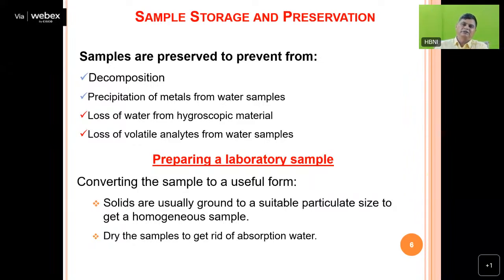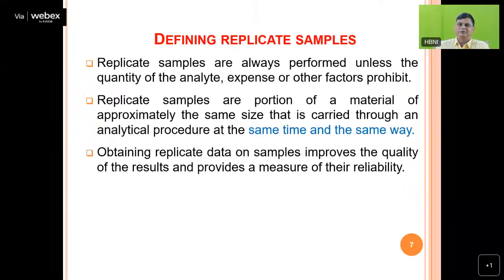For example, even if you make a synthetic material in the laboratory, one is supposed to measure the moisture content in the sample, because moisture content varies from time to time and place to place. That is why it is very important that you do the reporting on the dry sample only. Dry the samples to get rid of whatever water they had absorbed.